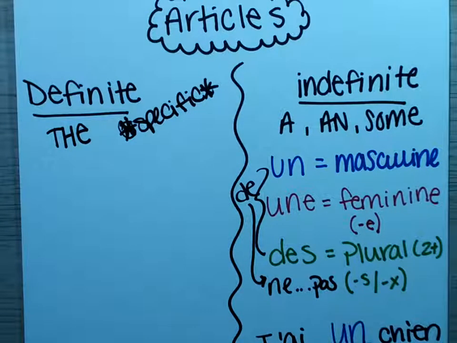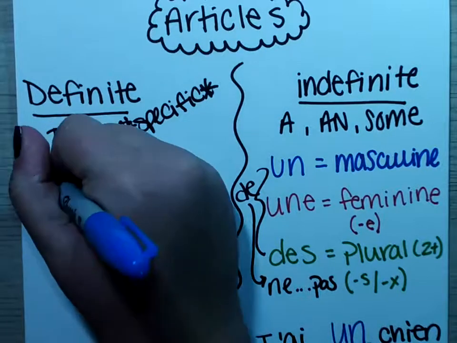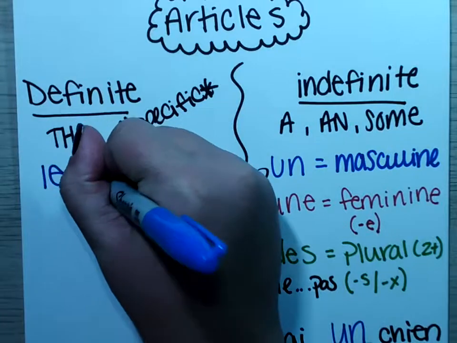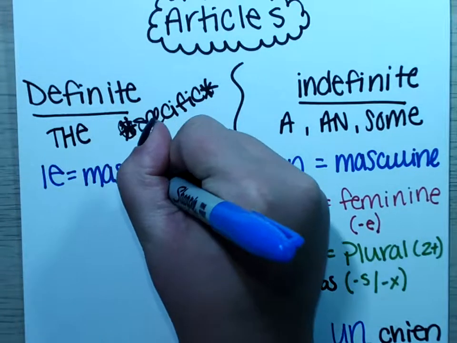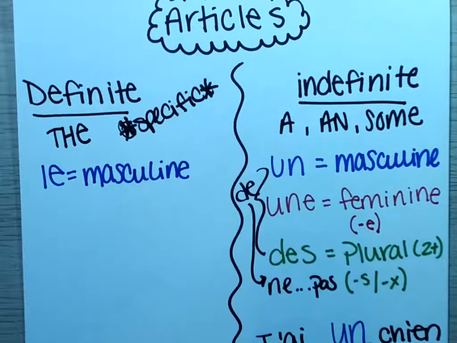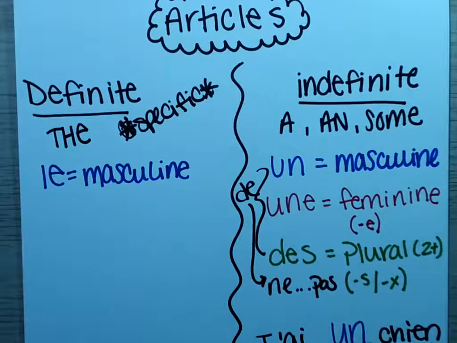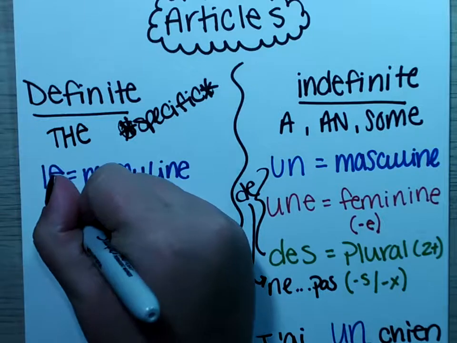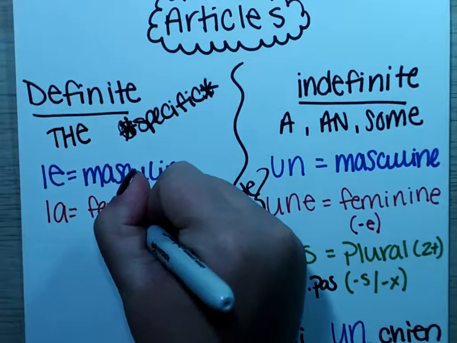Now, just like with indefinite, there are specific ones for masculine and feminine and plural, but there's also an additional one that we're going to learn here in just a little bit. Let's start off with the masculine. Now, definite articles, the masculine one is le. Le is the masculine. Our next one is la, and la is the feminine.